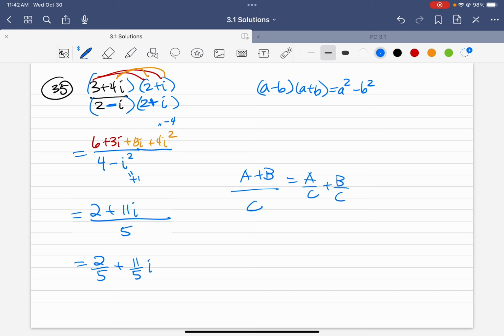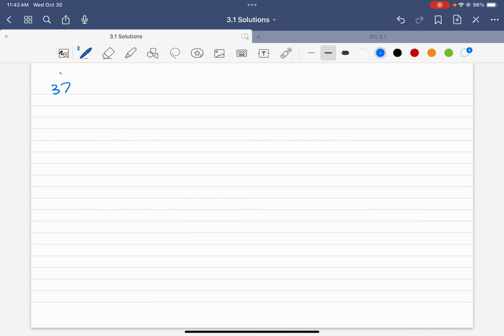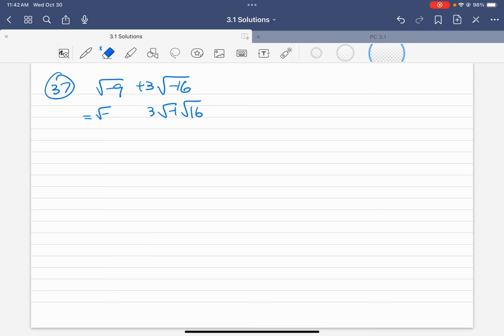Now I look for number 37. I've got negative 9 plus 3 square roots of negative 16. Well, square root of negative 9 is just the square root of negative 1 times the square root of 9. Negative 16 is the square root of negative 1 times the square root of 16. Sorry, I meant square root of 9.